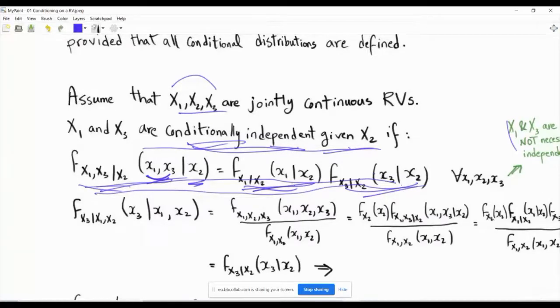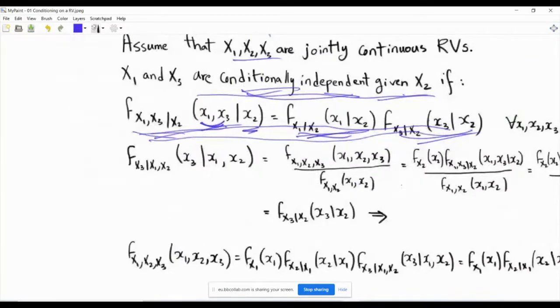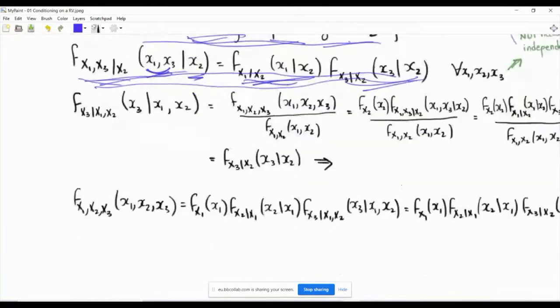And so suppose that x1 and x3 are conditionally independent given x2. Okay. So what happens if we write the joint? If we don't have this conditional independence, you can write down the joint as the PDF of x1 times the PDF of x2 given x1 times the PDF of x3 given the previous variables x1 and x2.